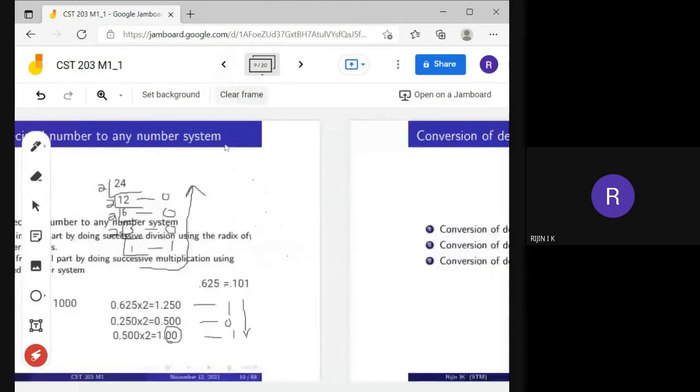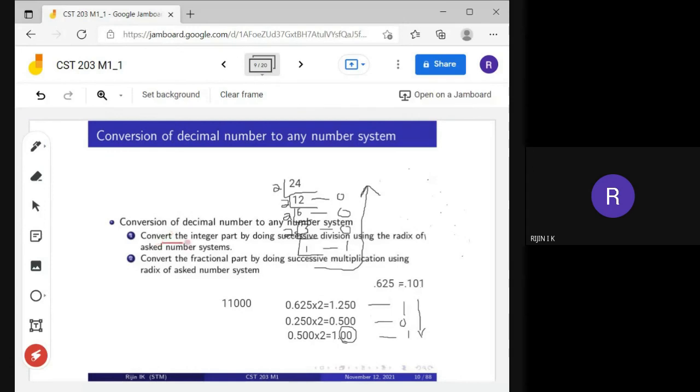There is only one logic. That means convert the integer part by doing successive division. Suppose if you want to convert it to binary, then divide it by 2. If you want to convert it to octal, divide it by 8. And if you want to convert it to hexadecimal, divide it by 16. Same operation. And for the fractional part, just multiply it.